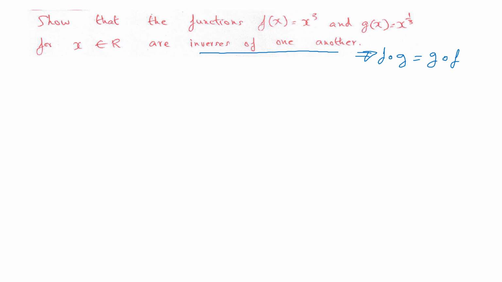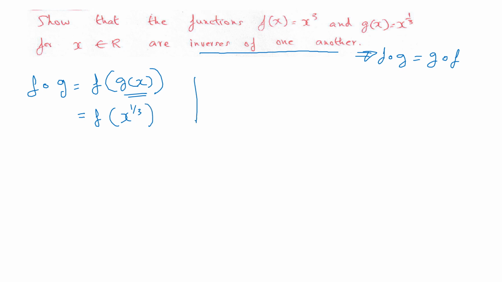So how will we do it? First, let's see what is f composition g. So as usual, this is f of g of x. Okay. So what is this g of x? g of x is given in the question itself. g of x is x to the power 1 by 3. So you have here f of x to the power 1 by 3. Now you see, we have the formula f of x is equal to, what is it? x cube.